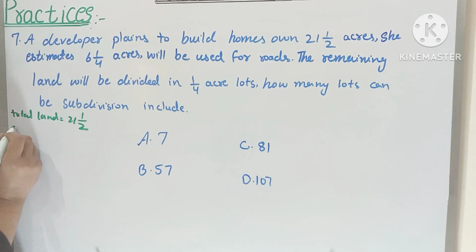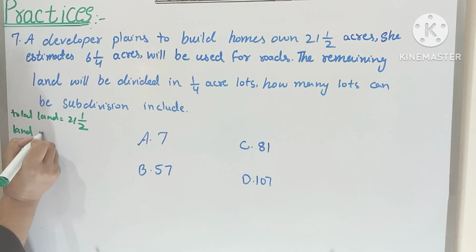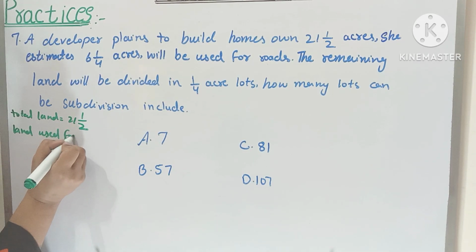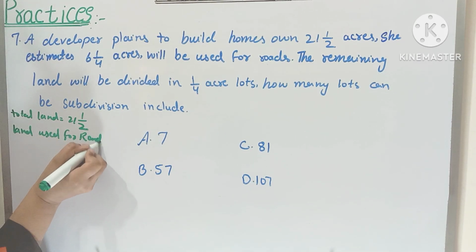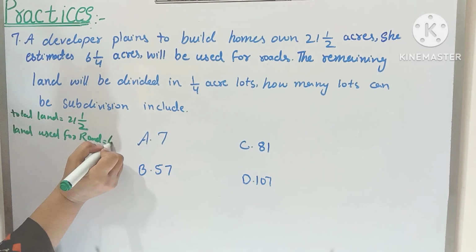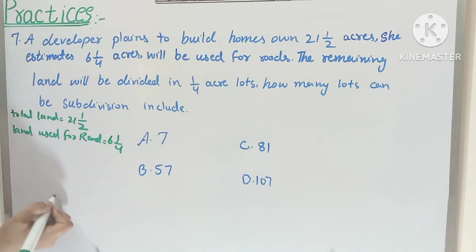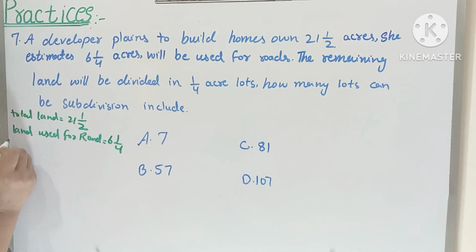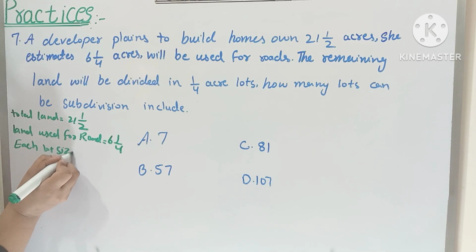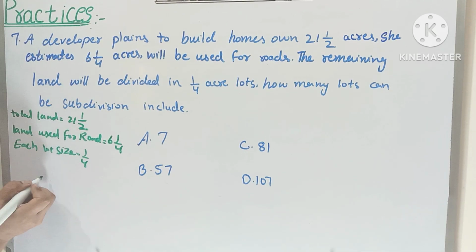Land used for roads, 6 1/4 acres. Each lot size, 1/4.